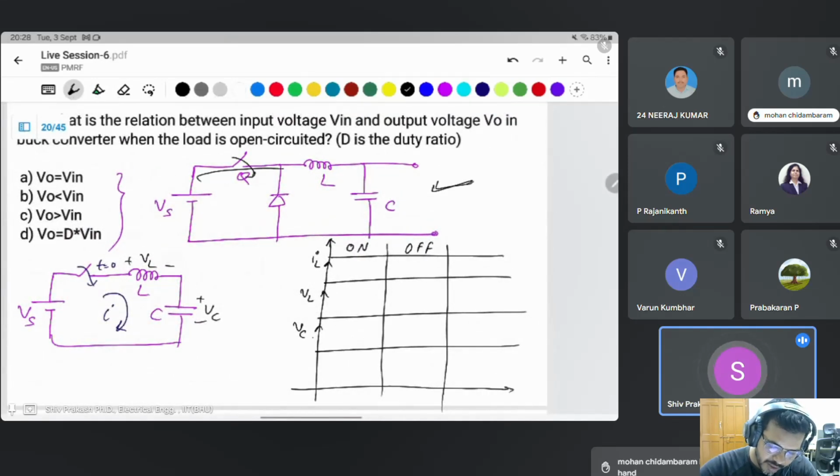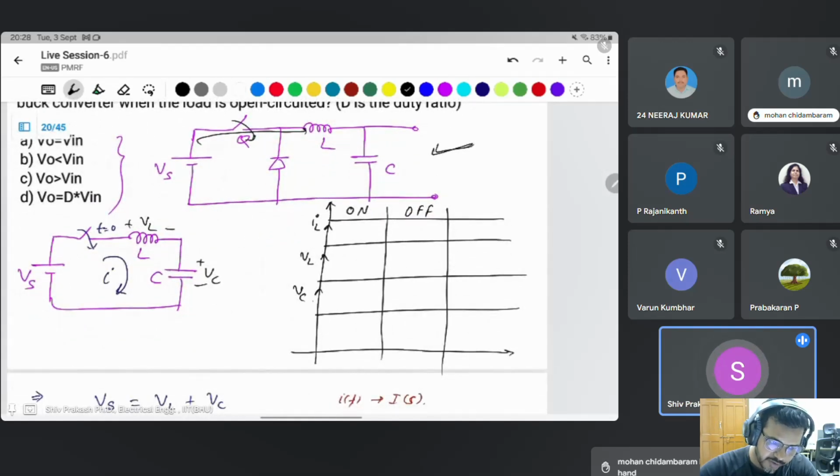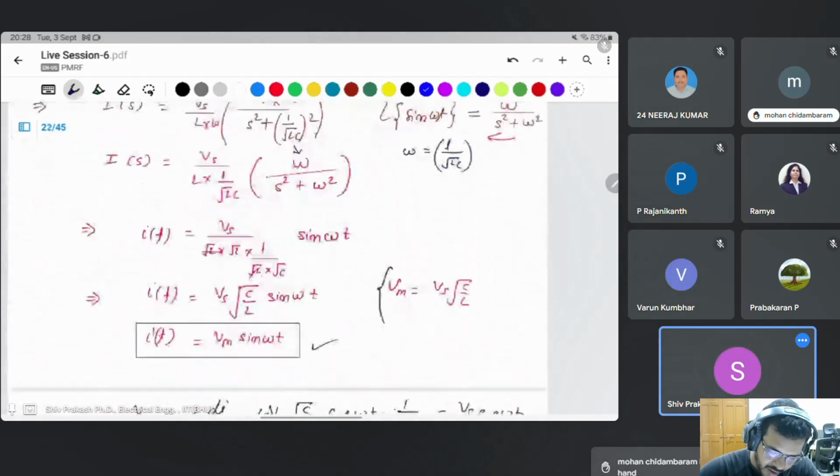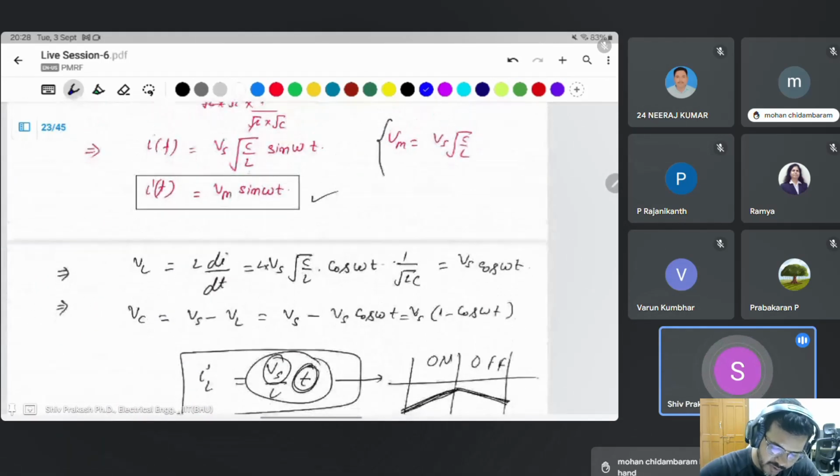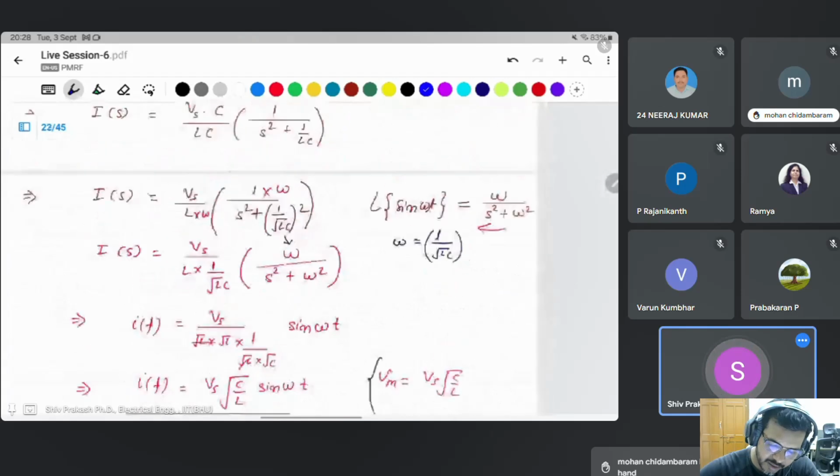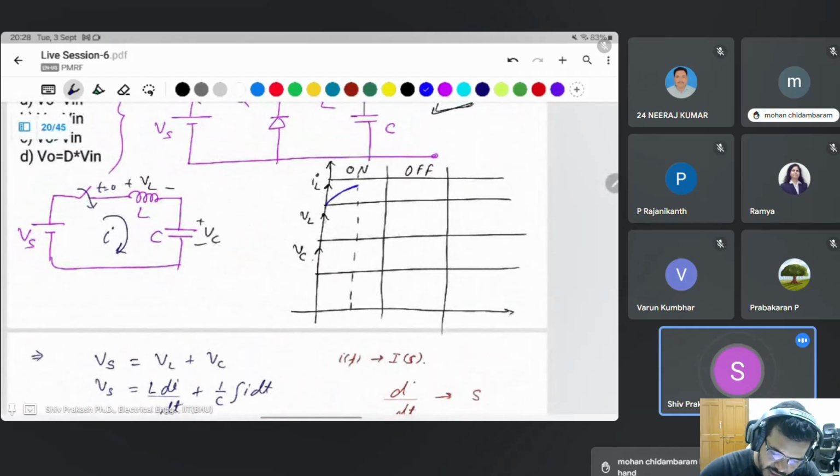Current flows through the L and C. The current flows as a sinusoidal wave, so the inductor current will increase like that, but the inductor voltage is a cosine wave, which means it will be discharging at this time.